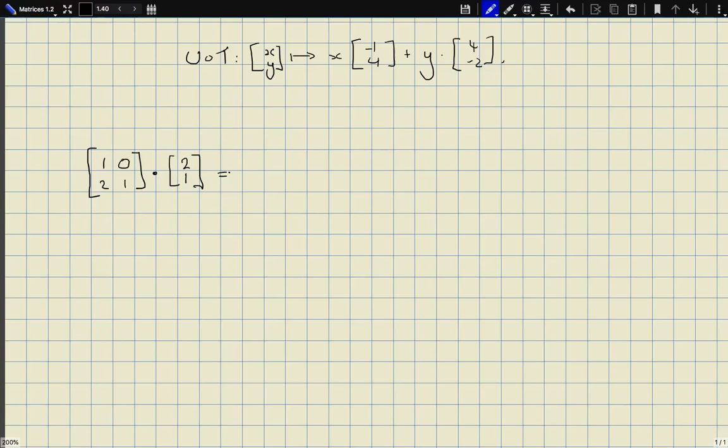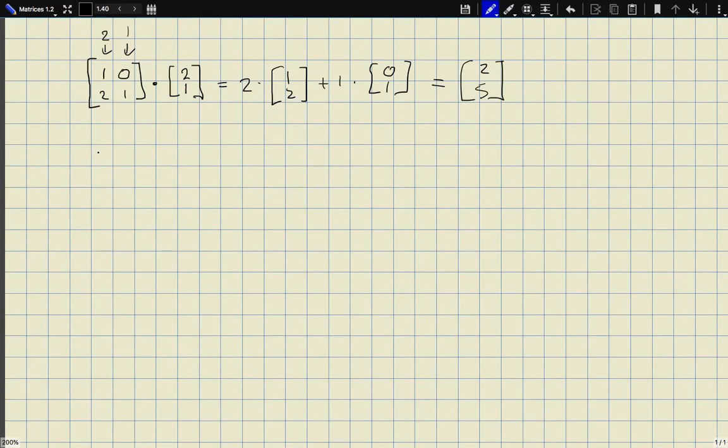So here we're going to take two lots of our first column and one lot of our second column, because this is our first basis vector and this is our second basis vector, and we're transforming this point. So we've got two lots of our first basis vector and one lot of our second one. So this is 2 times 1, 2 plus 1 times 0, 1, which gets us 2 plus 0, so 2 on the top, and 4 plus 1, so 5 on the bottom.